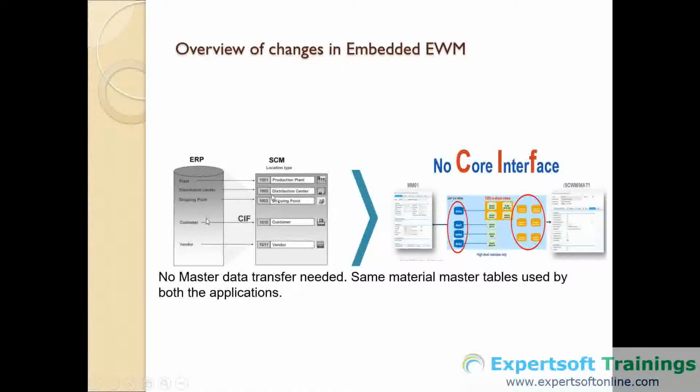That's the reason we'll have a core interface for transferring this data. We will have two sets of data. One is your transactional data. The other one is your master data. The transactional data will come as your deliveries, like what you said, Naga, and the other is your master data. So we will be using two different models. One is your integration model, the other one is your distribution model, which we will see in much more detail when we go into the sessions.